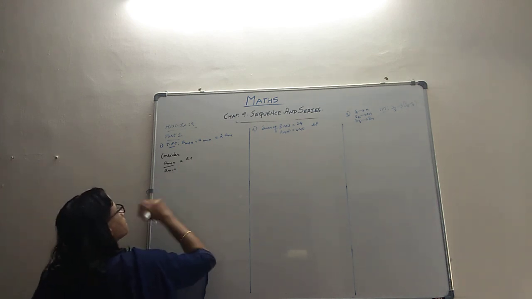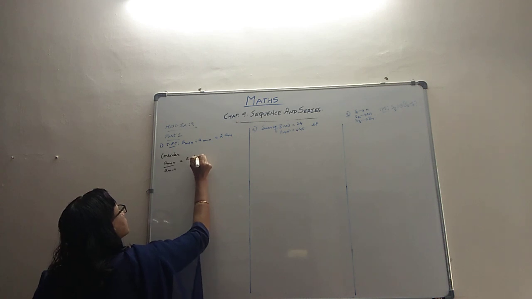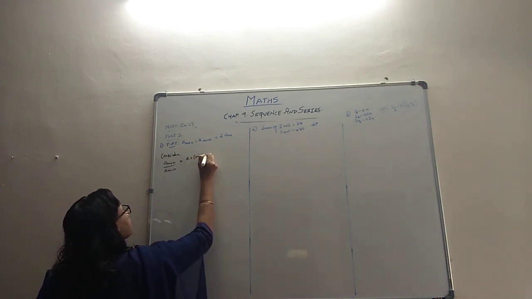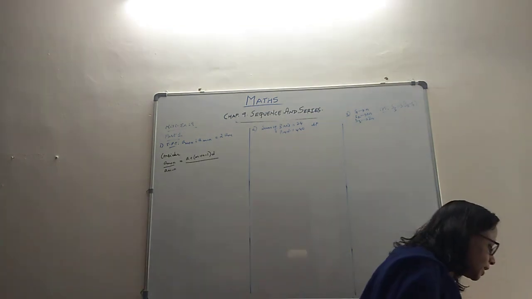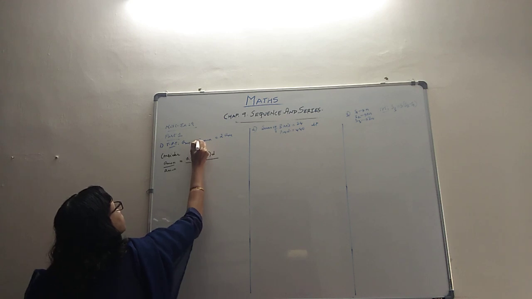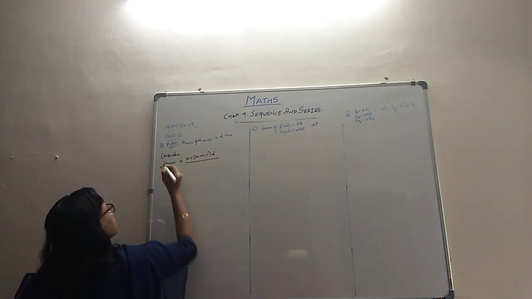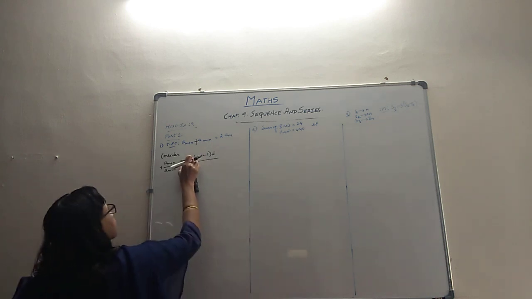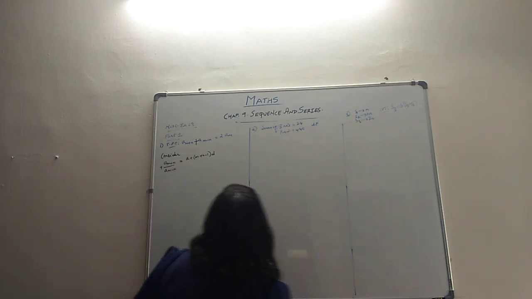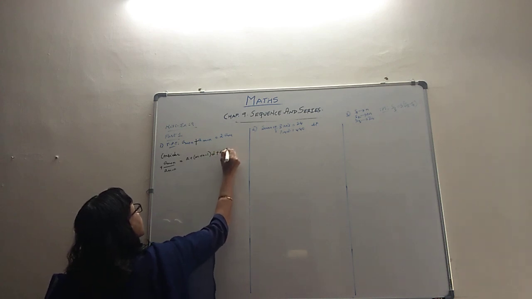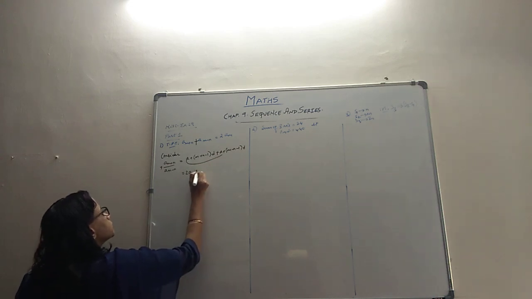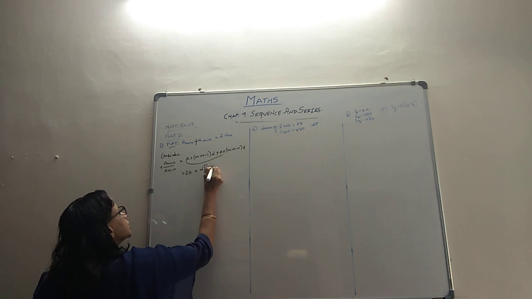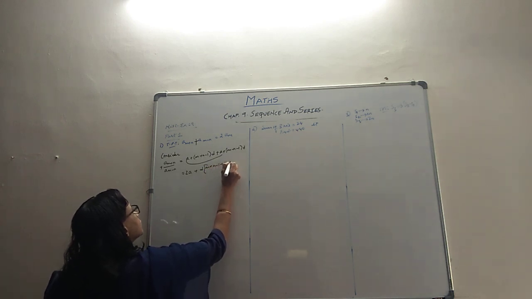It will be given as a plus... So we will also consider the sum. Plus a plus m minus n minus 1 d. You can have a and a added up, it will become 2a, d is common, and then we can have these things added up. So let's see what we get.